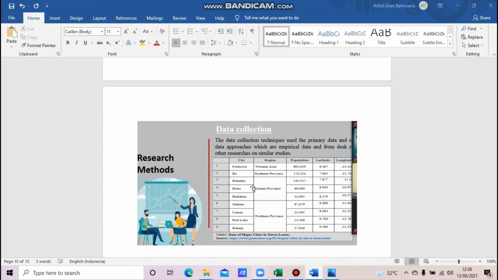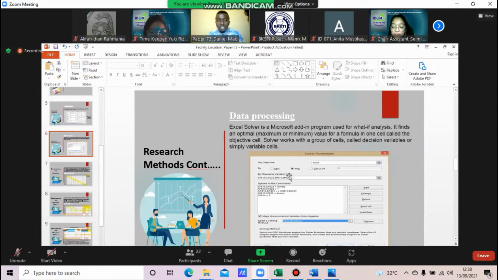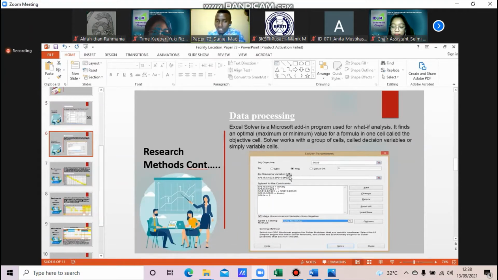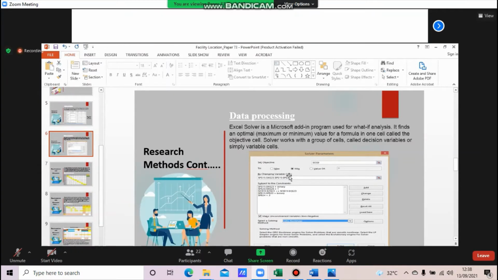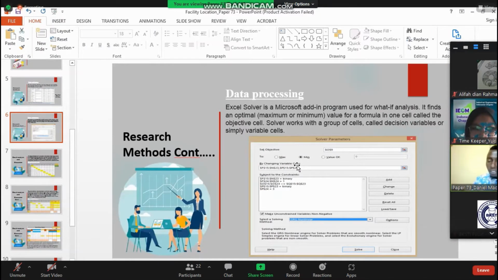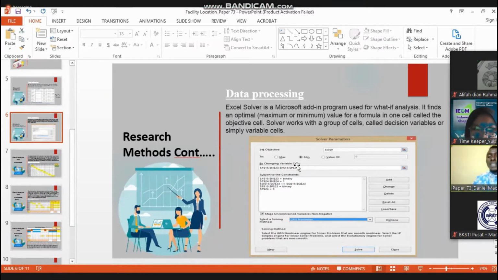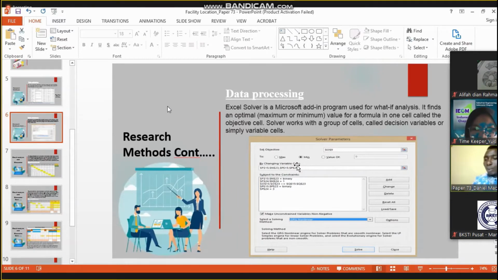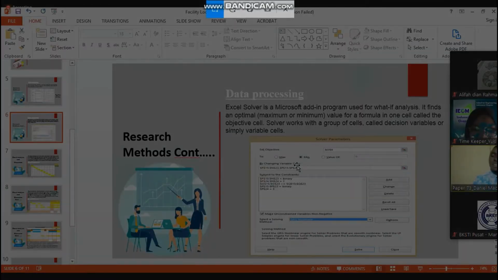Now, under the same research methods, we have the data processing. In trying to analyze the weighted demand of cement factory or cement distribution centers, we explored the Excel Solver. Excel Solver is an add-in program used for analysis.